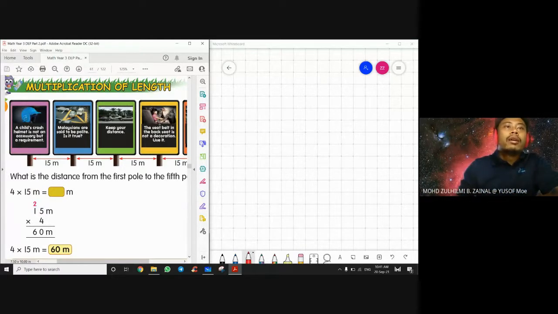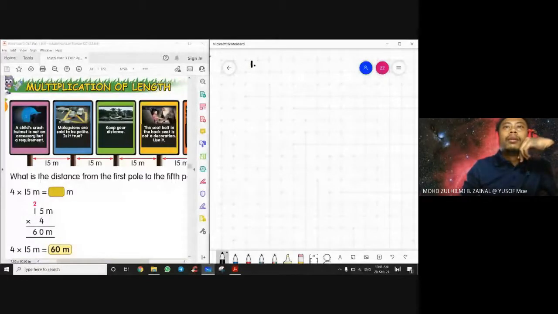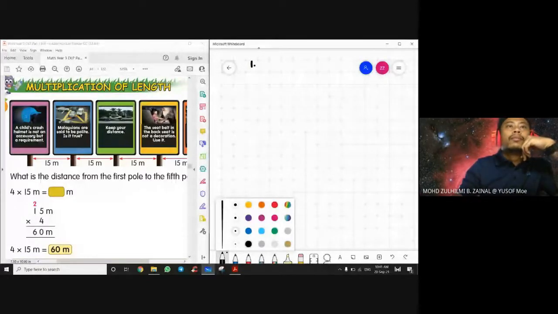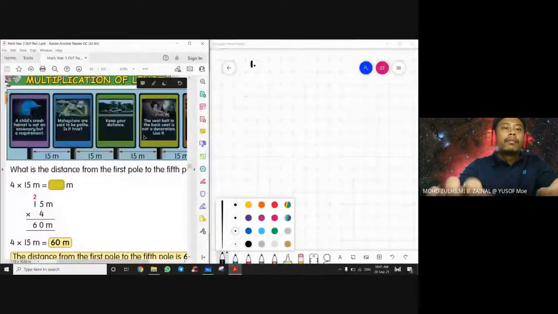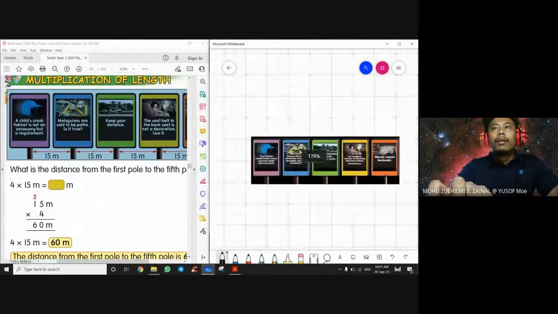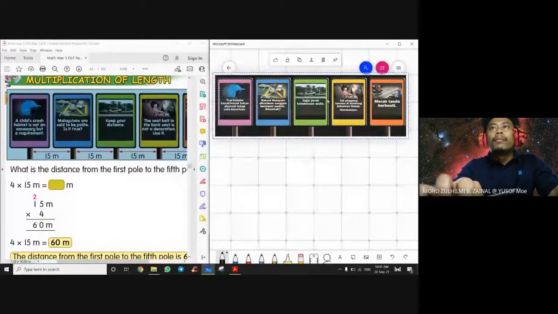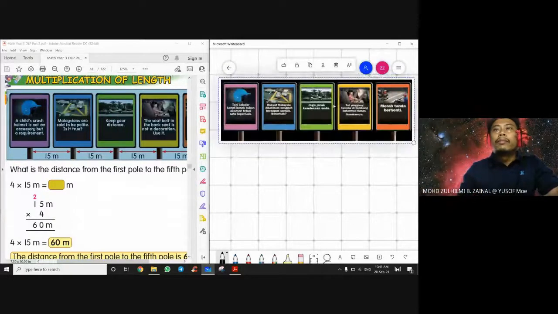Okay, so dia macam kamu kira 5. Dia senang je. Okay, question number 1 ni, dia bagi, alright. So ada berapa distance? Kalau kamu tengok dekat sini, in between the signboard tu, you can clearly see the distance.